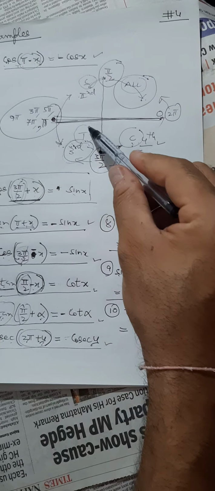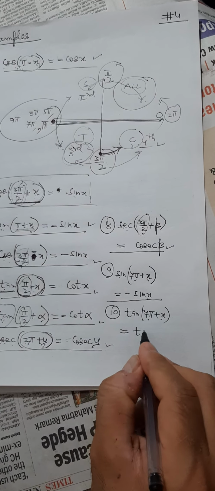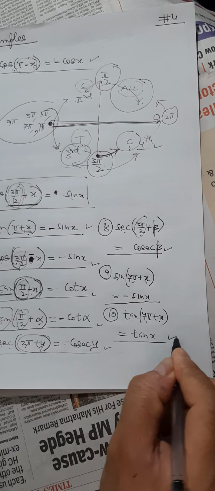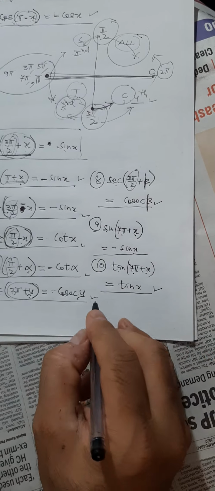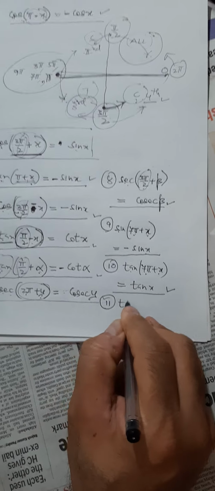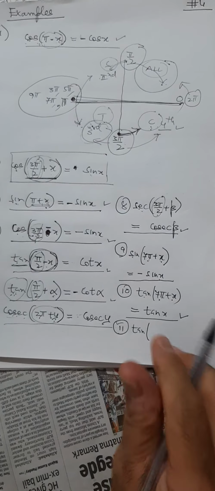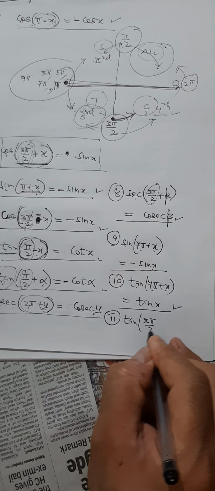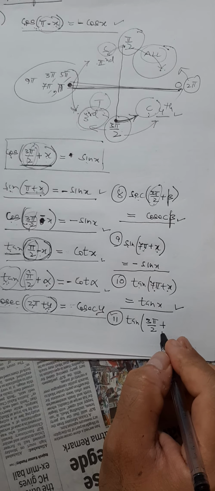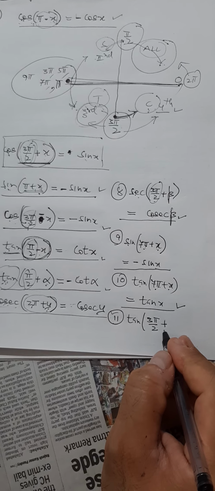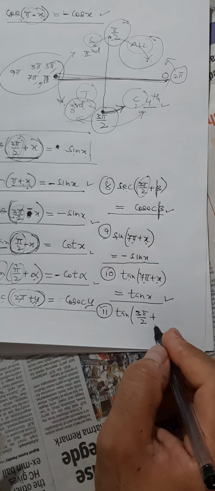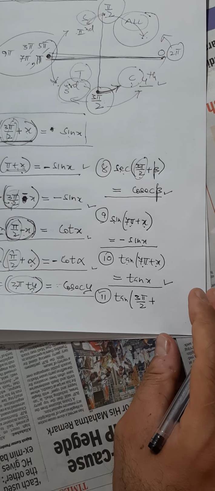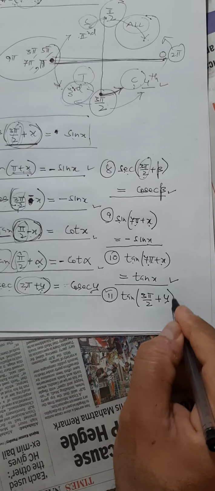The third quadrant, where tan is positive, so the answer will be positive, and you have a multiple of pi, so the answer will be tan x. Now for example, 3 pi by 2 plus y with cot.